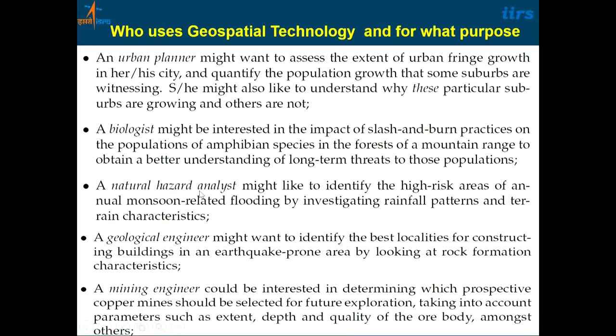Similarly, a natural hazard analyst, a person who specializes in natural hazard studies, might like to identify high risk areas of annual monsoon related flooding by investigating rainfall patterns and terrain characteristics. Now these terrain characteristics can also be captured from satellite images in the form of stereo images.